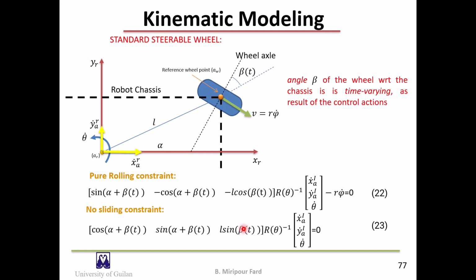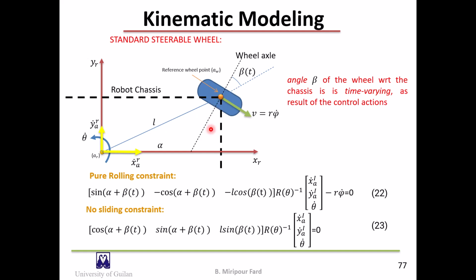For a standard steerable wheel, we have an additional degree of freedom. In this case, the angle beta of the wheel with respect to the chassis is not fixed anymore, but is time varying as a result of control actions. Instantaneously, the rate of variation of beta does not have an impact on the motion constraints.